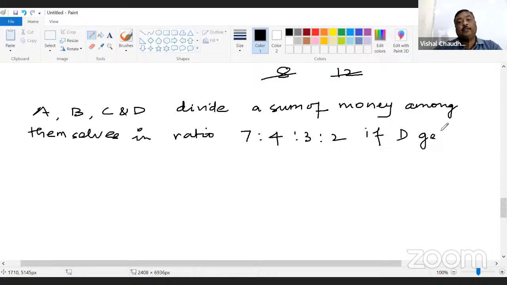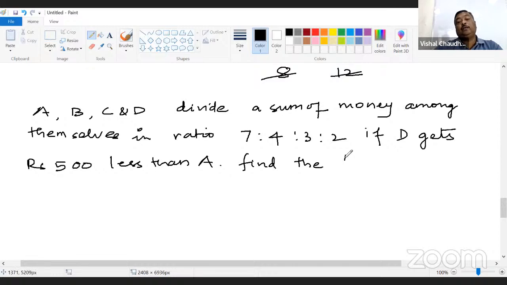If D gets rupees 500 less than A, find the total money. Find the total money.